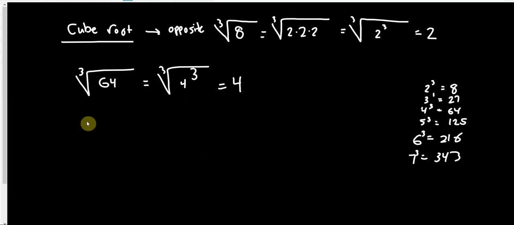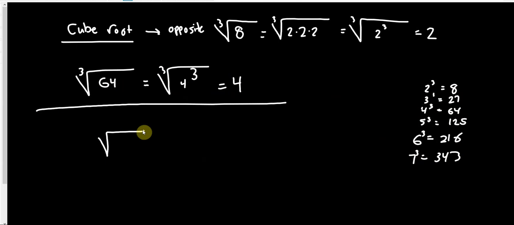Can I handle variables with exponents? So let's look at the cube root of x to the 6th. We did x to the 6th with a square root. Can I also do x to the 6th as a cube root? And the answer is yes, because is there something I could write out times itself 3 times?